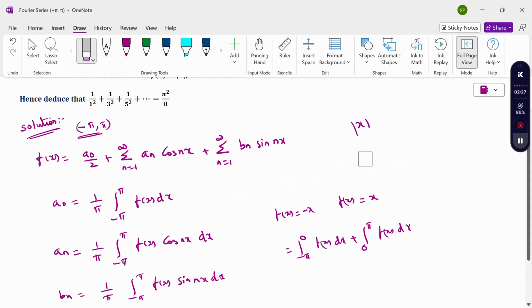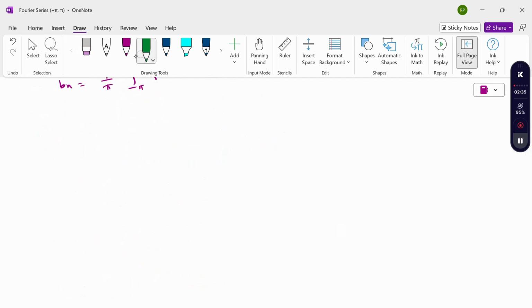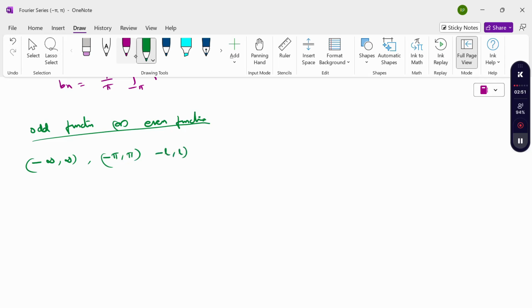We can apply odd or even function properties when the range is a full range: minus infinity to plus infinity, minus pi to plus pi, minus L to plus L, minus 1 to 1, minus 2 to 2 and so on. So only when it is a full range can we apply the odd function or even function.